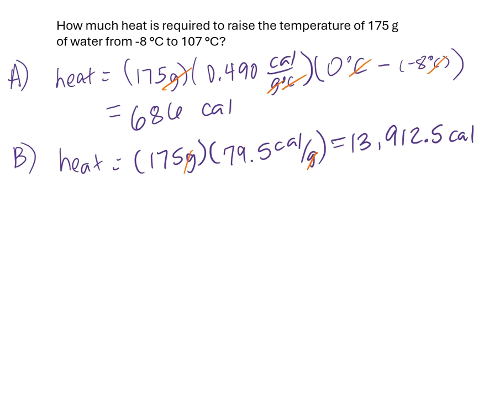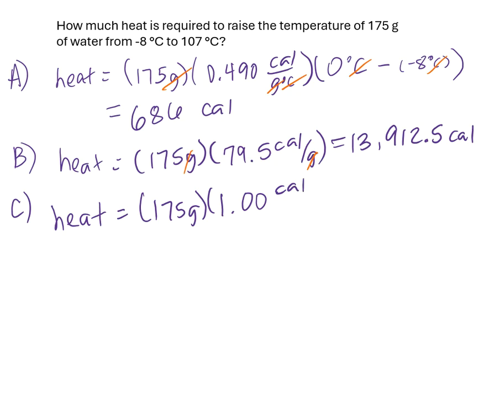The problem asked us to go from -8 to 107. So now that the water has melted, the liquid water is present, and it will begin to heat up. It's going to heat all the way up, so all 175 grams are now going to heat. The specific heat of water, since we're now in the liquid phase, is 1.00 calories per gram degrees Celsius.